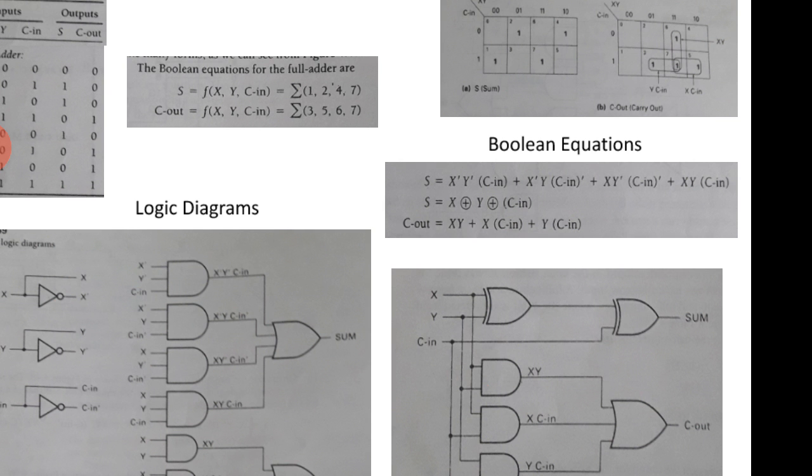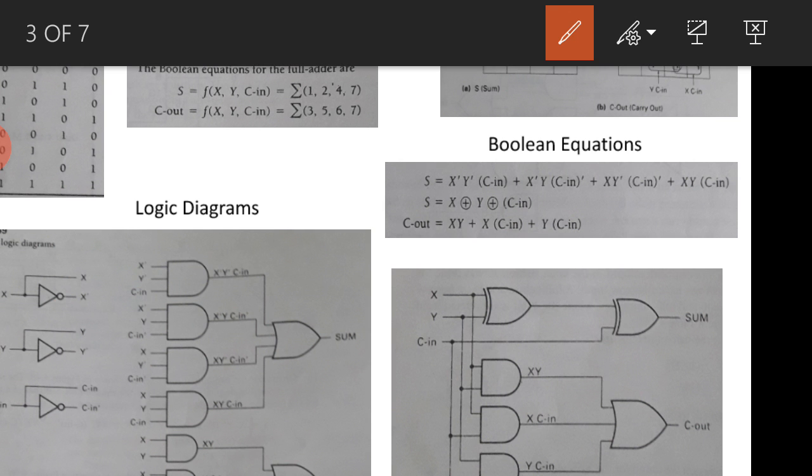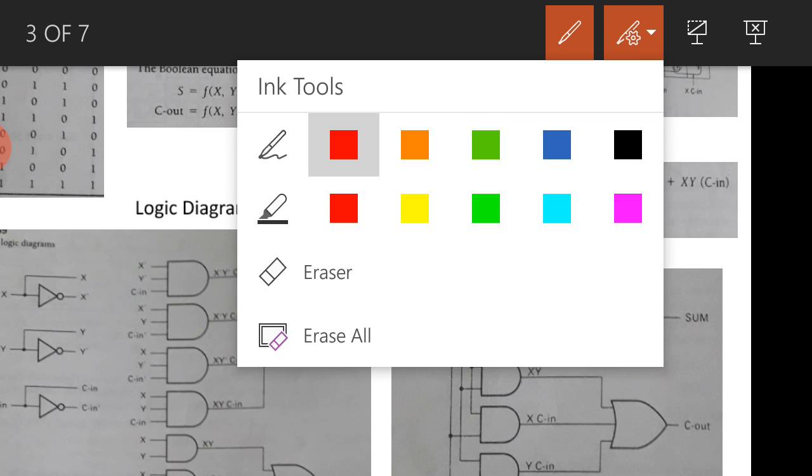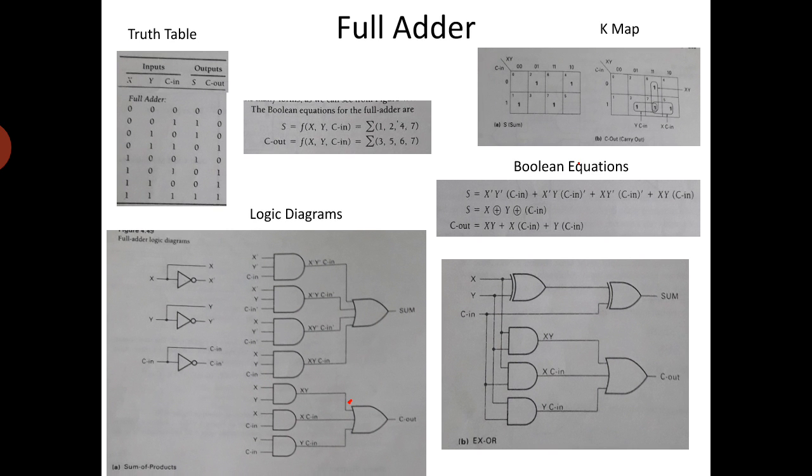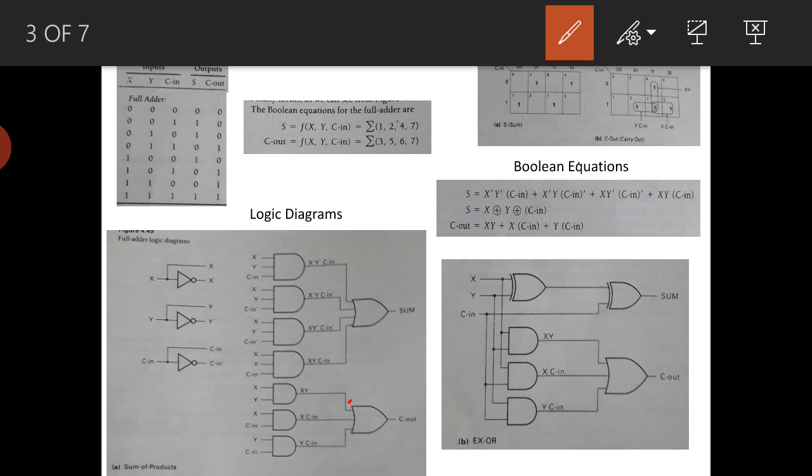So after seeing the Boolean functions for sum and carry, we need to realize those equations by using circuits. Like the half adder, it can be done in many ways.